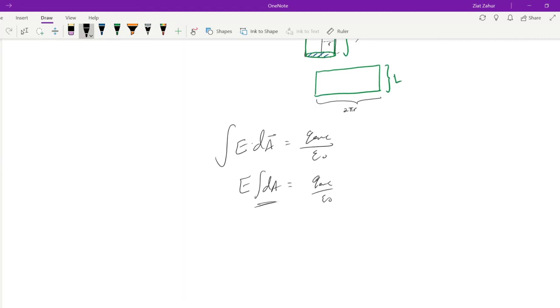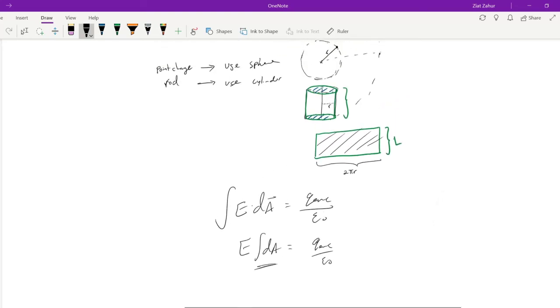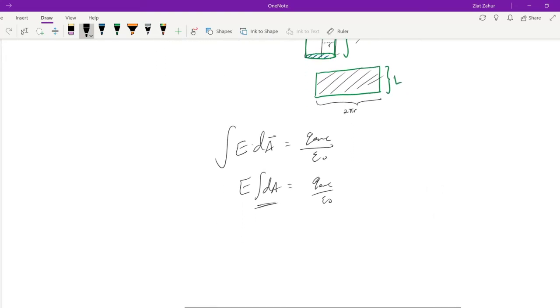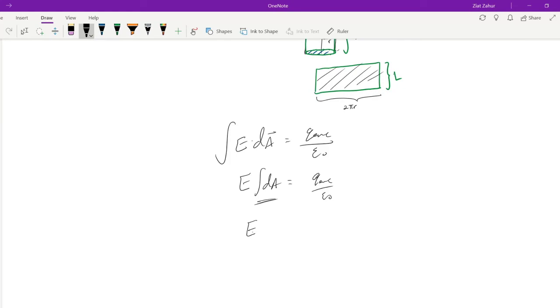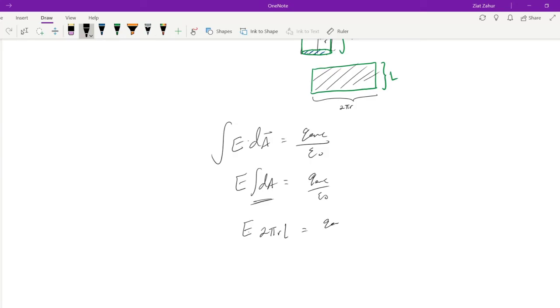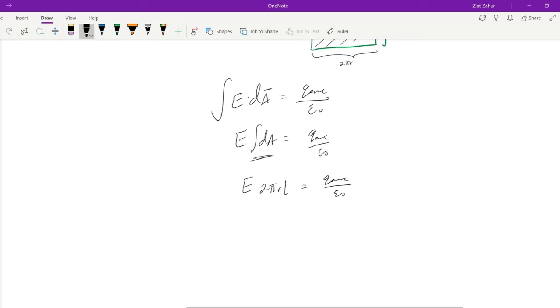Now the integral of dA is the area of your Gaussian cylinder without the top and bottom circles, which is just 2 pi r L. And so therefore the electric field must be Q enclosed divided by 2 pi r L, over epsilon naught.